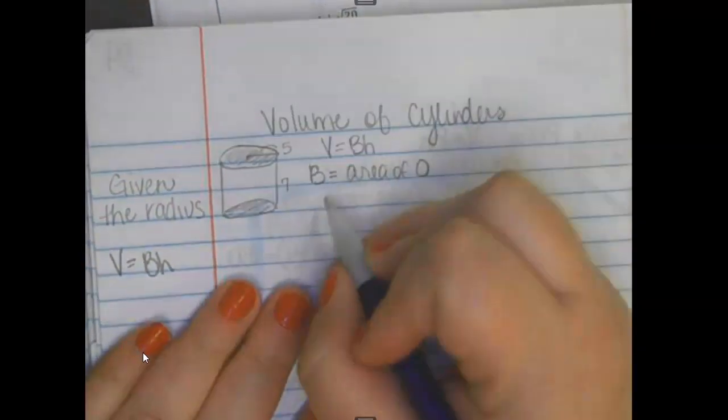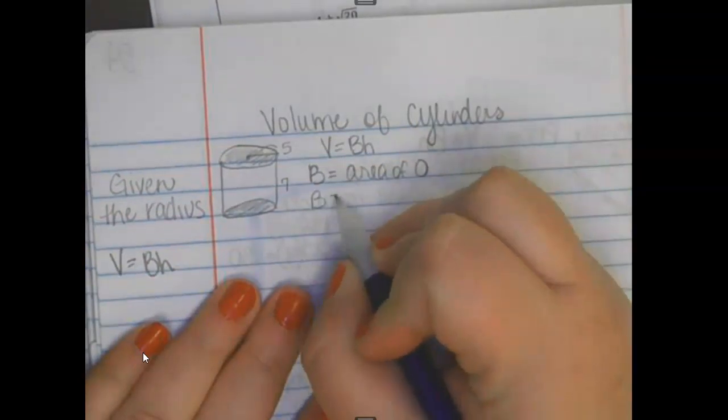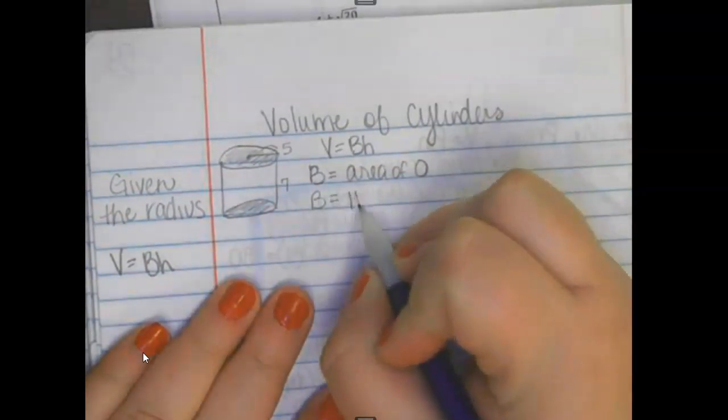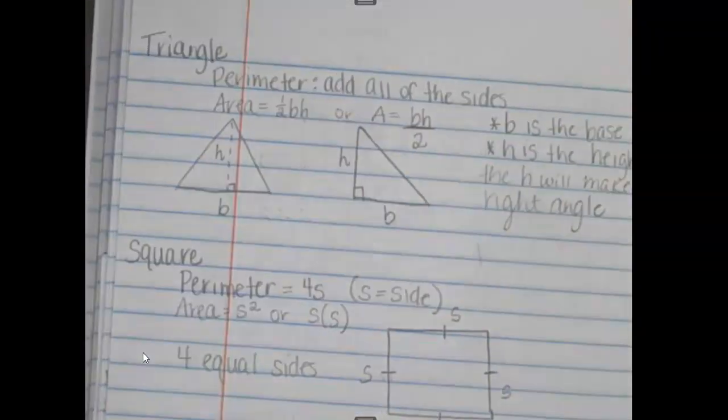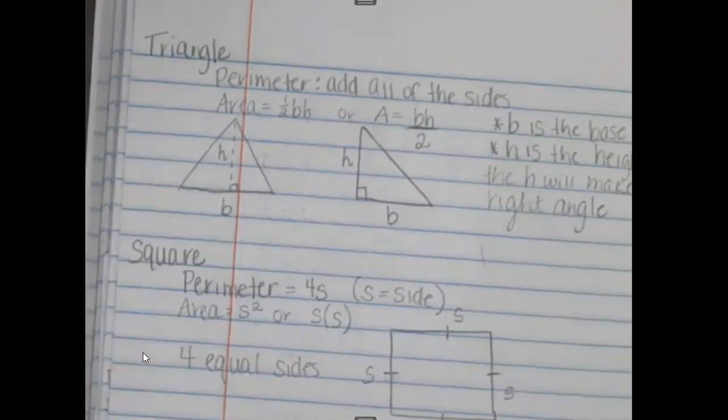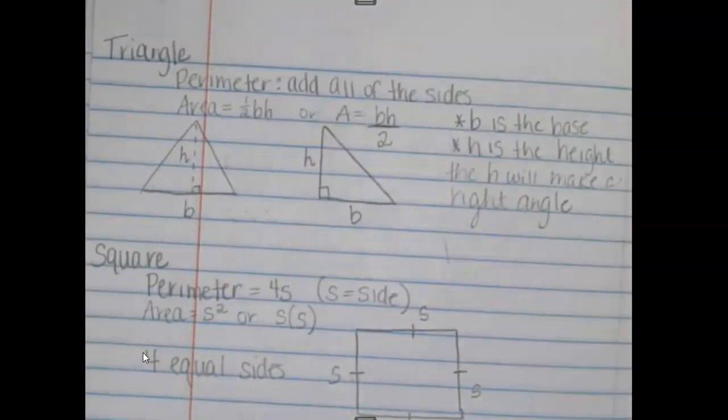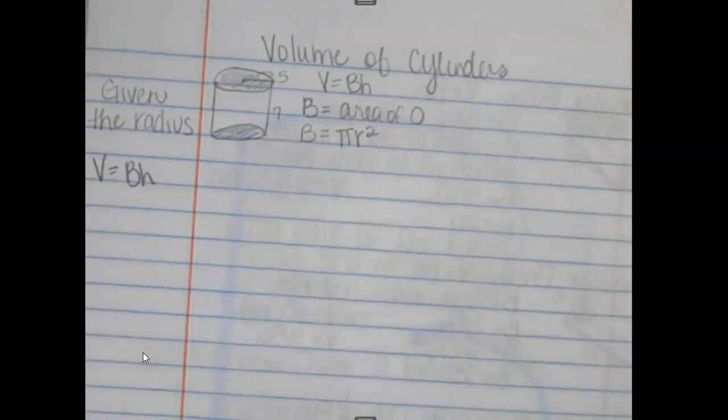To find the area of a circle, it is pi r squared. If you need to remind yourself of this, on page 52 we wrote down area formulas, and our circle's actually on the other side of that page.